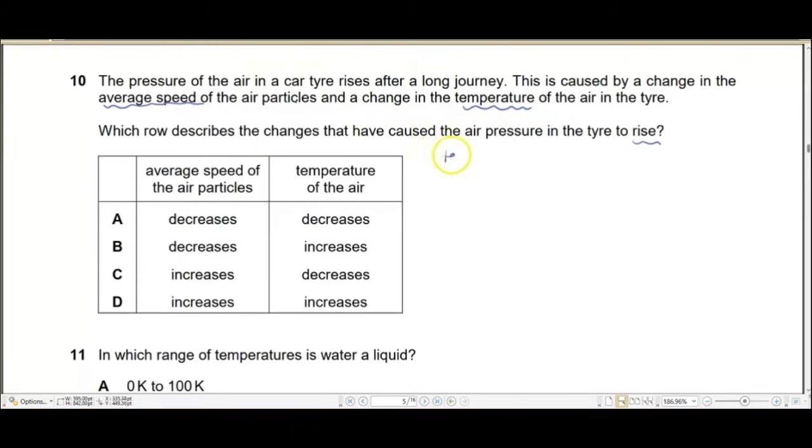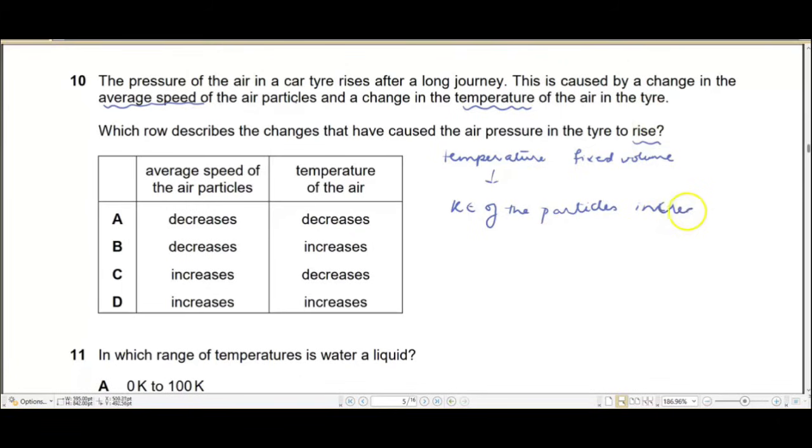We know that whenever there is a change in temperature in a space that has a fixed volume, whenever there is an increase in the temperature, the kinetic energy of the particles has to increase, right?